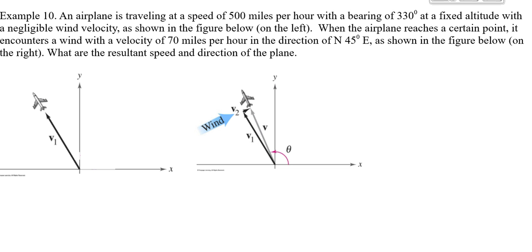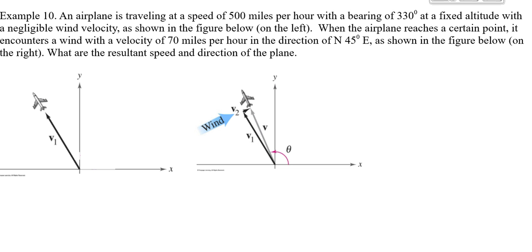When the airplane reaches a certain point, it encounters a wind. So this second vector is this little tiny vector. Do you agree that it's tiny relatively speaking? Because the wind is only 70 miles per hour, so in 1 hour it would move 70 miles, whereas the plane in 1 hour would move 500 miles.